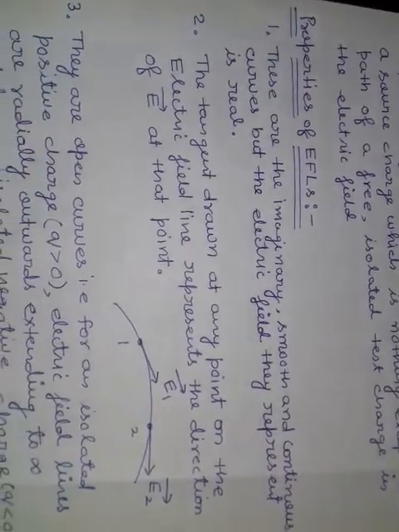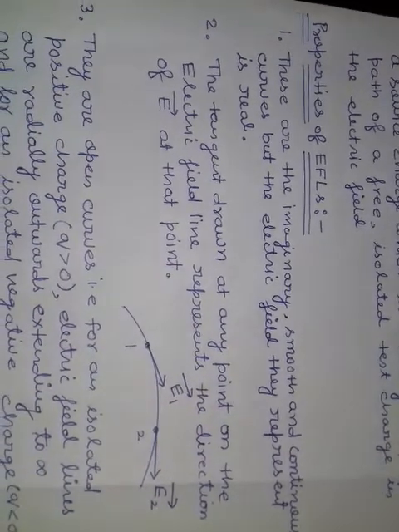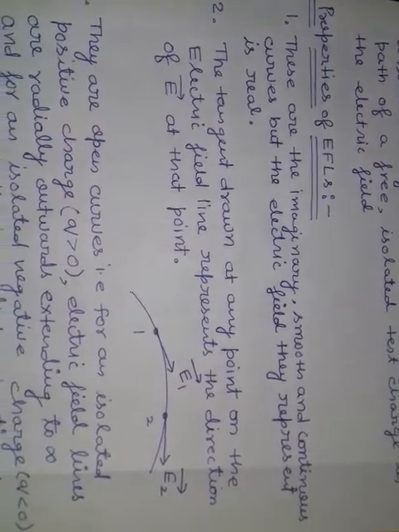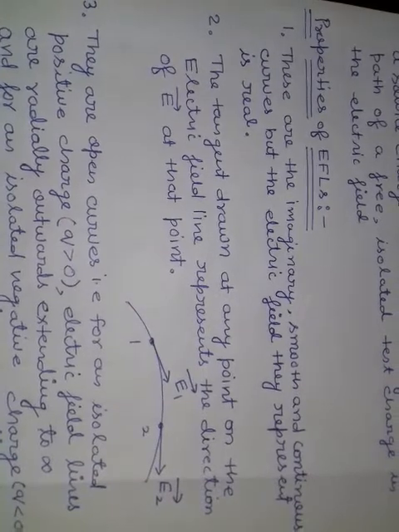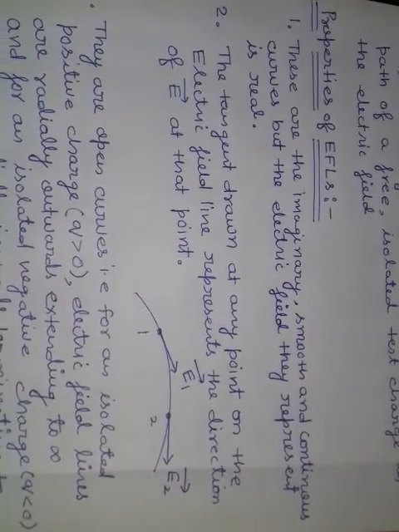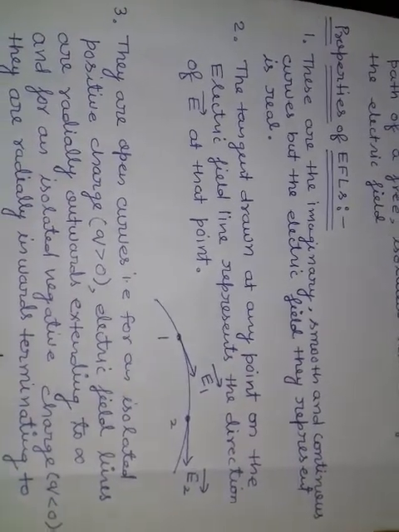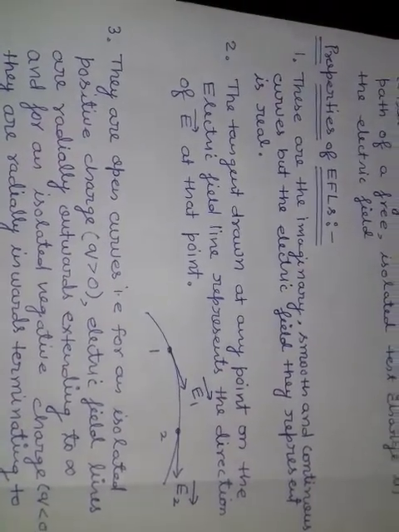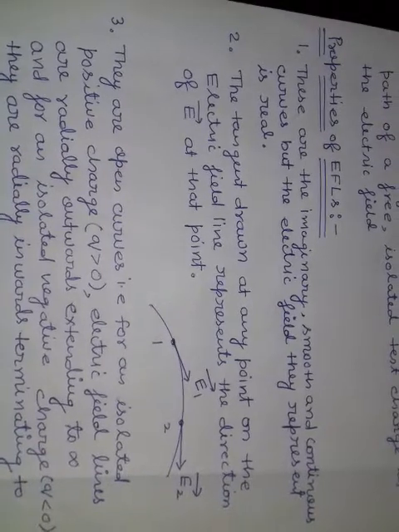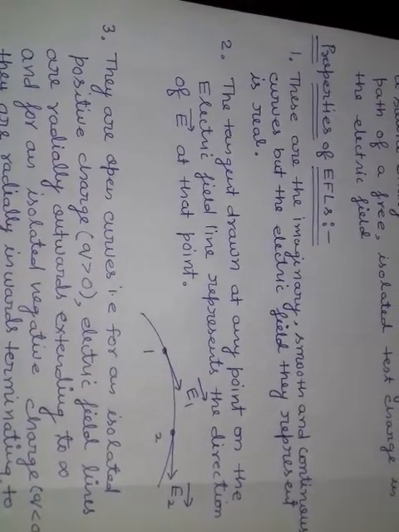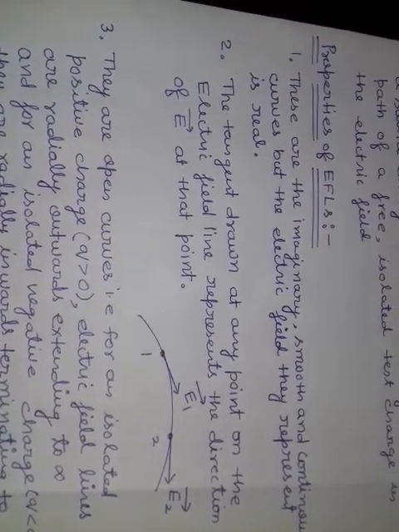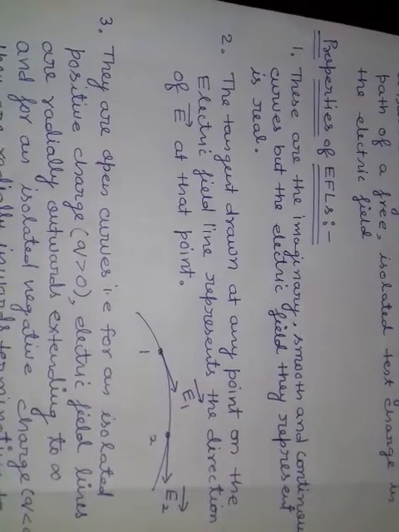Second, the tangent drawn at any point on the electric field line represents the direction of electric field at that point. One thing to note is that electric field lines can be either straight lines or curved paths.